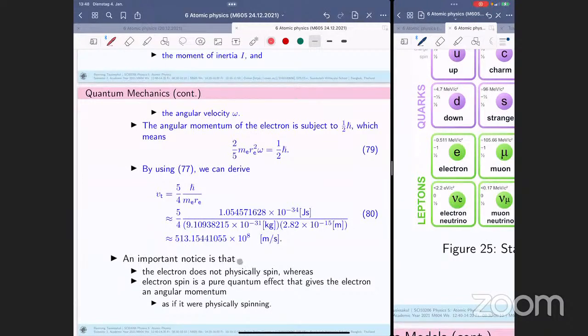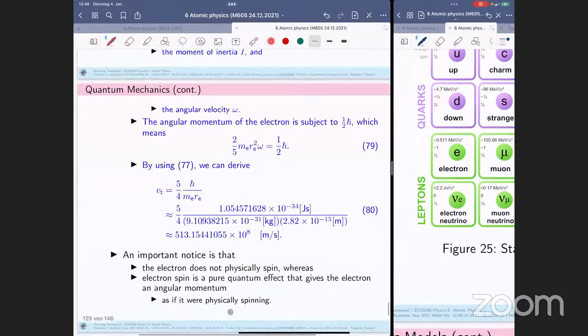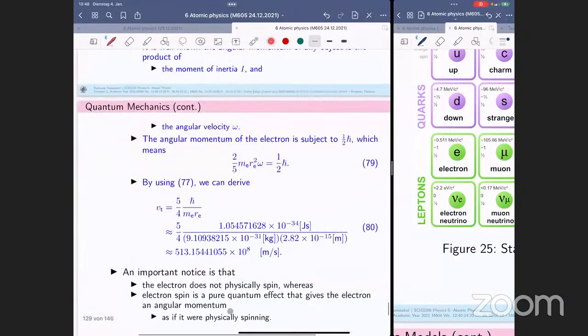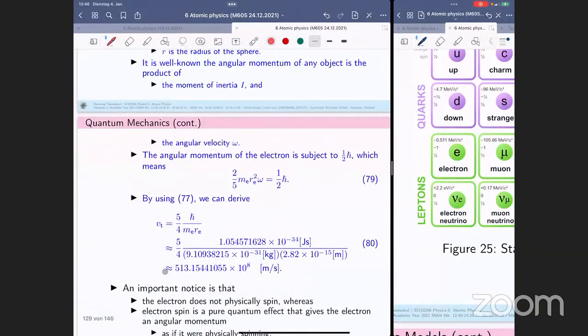An important note is that the electron doesn't physically spin, whereas electron spin is a pure quantum effect that gives the electron an angular momentum as if it were physically spinning. Because 5.13 is much greater than 3, and we know that the speed of light is 3 times 10 to the 8, it's not the case here.